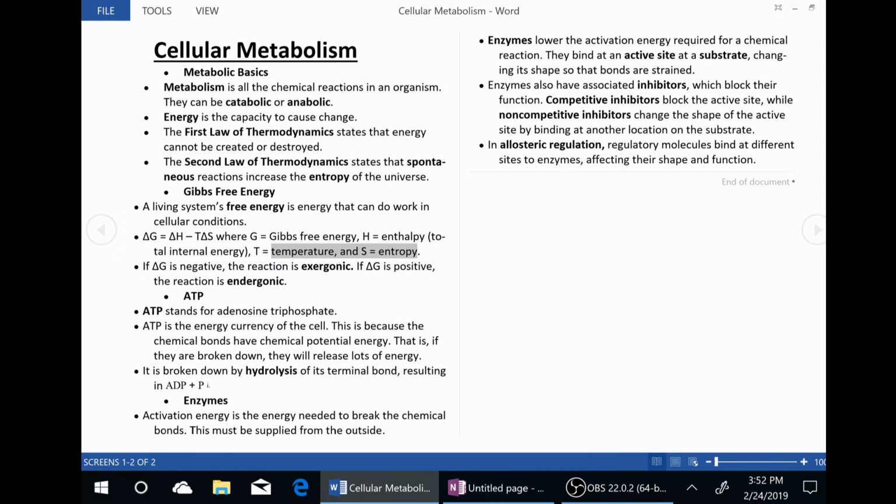You can plug in the values here to get delta G, and if delta G is negative, that means the reaction is exergonic, which means that it doesn't require the input of energy. Therefore, it is spontaneous. Now, if delta G is positive, that means the reaction is endergonic, which means that it will require the input of energy in order to be executed.